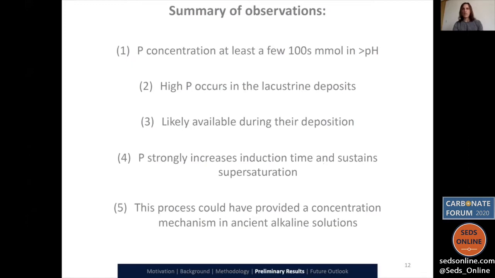We observed remarkable concentrations of phosphorus occurring in these Cretaceous lacustrine deposits, suggesting that phosphorus was likely available in solution during the deposition, and that phosphate increases induction time and sustained supersaturation. We see that from the experiments, and these processes could potentially have provided a concentration mechanism in ancient alkaline solutions more generally.